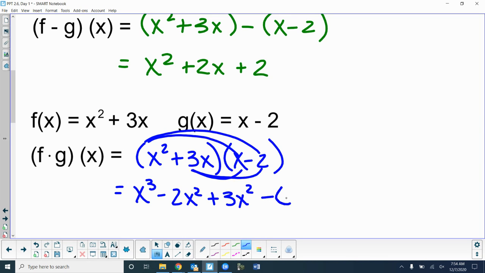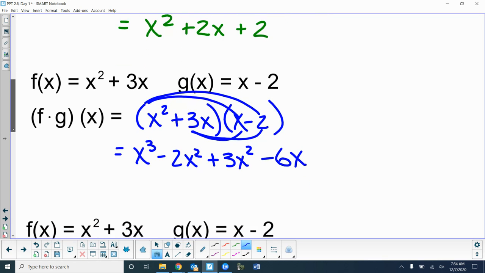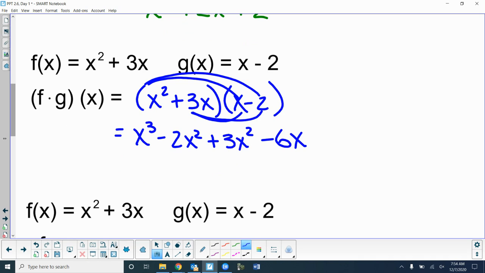And last would be negative 6x. Are there any like terms in there? The x squareds are like terms, right? So we got to finish up. So it's x cubed plus 1x squared minus 6x. That make sense?